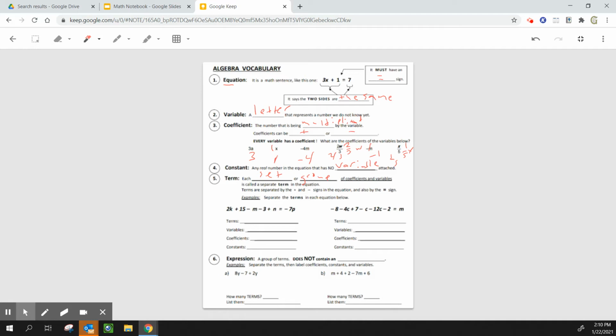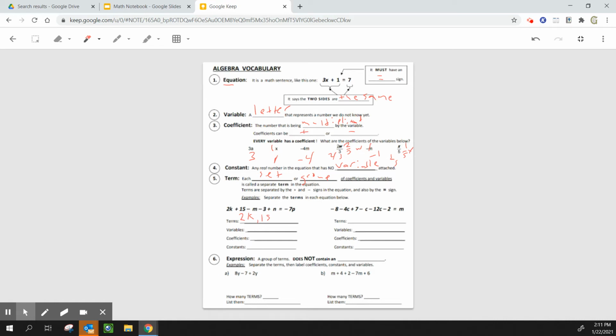So when I look at the terms in this example that's here, my first term would be the 2k. It's the set or group of coefficients and variables, if there is one. If it's just a constant, just a constant. My next term would be 15.